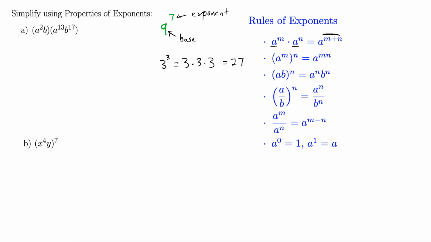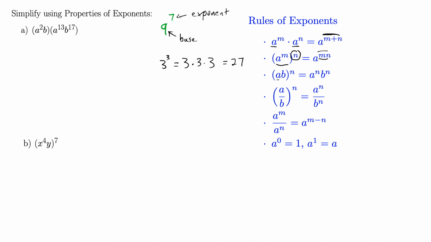That's a very useful rule, but it's easy to confuse with the second rule here when you have just a single base and an exponent, and now it's taken to another power. So we have a to the m all raised to another power. So we're raising a power to a power. When that happens, you multiply together. So base times another base, add the exponents.